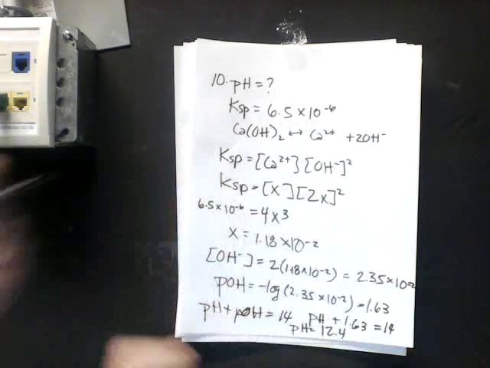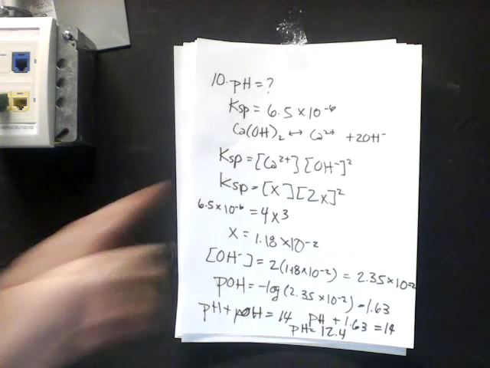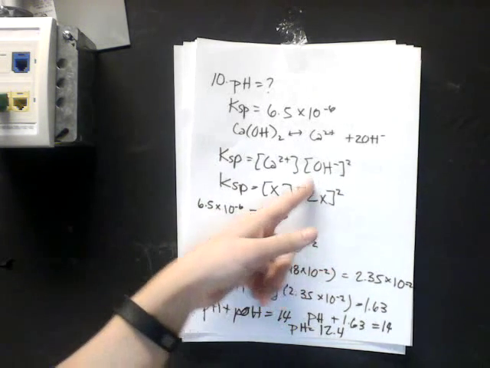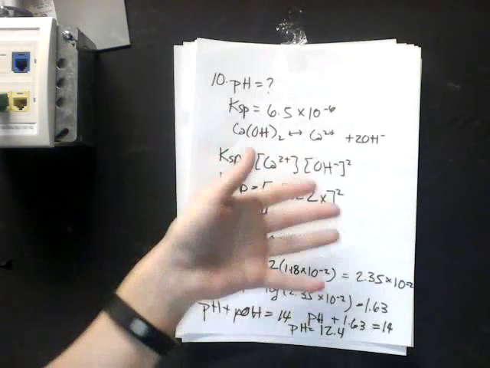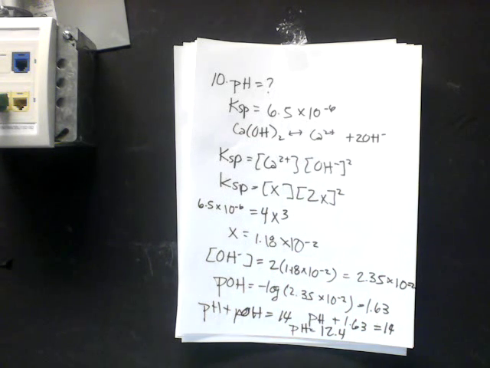Okay? That's a pretty good one, and the biggest trick is knowing that you have to double your OH concentration as well as square it. Yes, it seems like overkill. A lot of people ask me, isn't that double dipping? No, that's just how you write it.